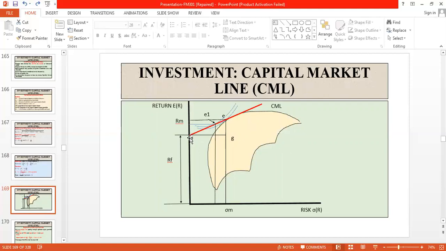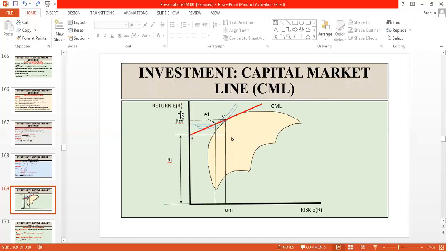The linear curve will start from point F. So the distance from 0 to point F is the risk-free return, and the slope of the CML line will be the EG length divided by the FG length.